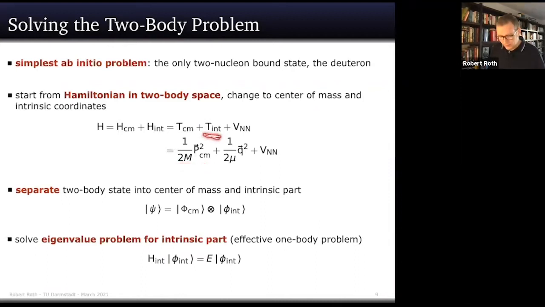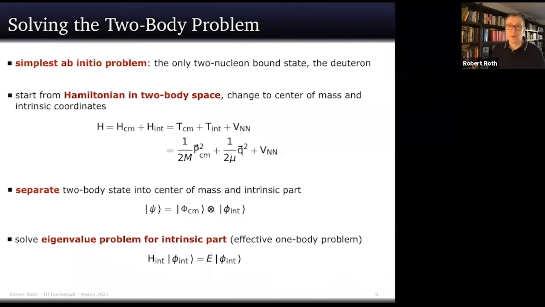And the intrinsic kinetic energy is 1/2 the reduced mass times the relative momentum squared, plus the interaction piece, which is by construction only dependent on relative coordinates because it is translational invariant. And because you have the separation in a center of mass and an intrinsic piece, you can also factorize the many-body state, the two-body state, in a center of mass piece and an intrinsic piece.